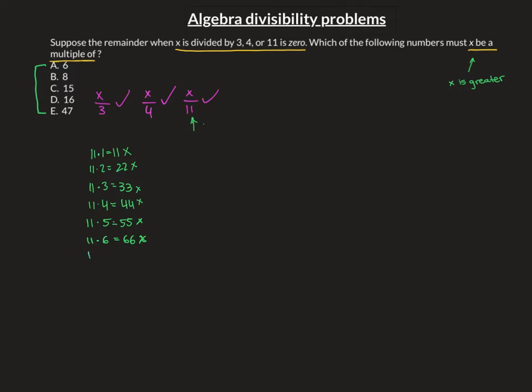Now 11 times 7 equals 77. It does not work. 11 times 8 equals 88. This does not work. 11 times 9 equals 99. This does not work.